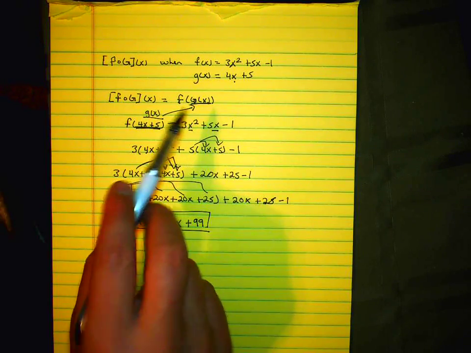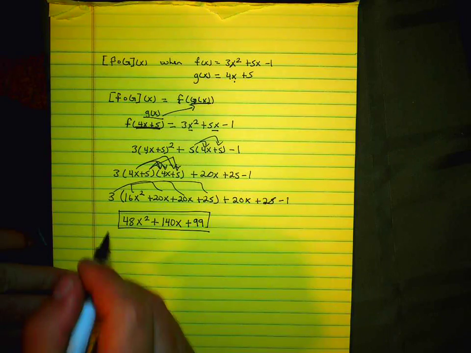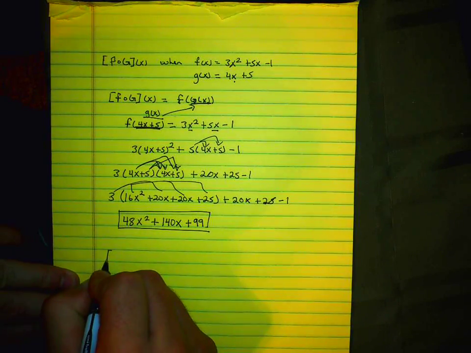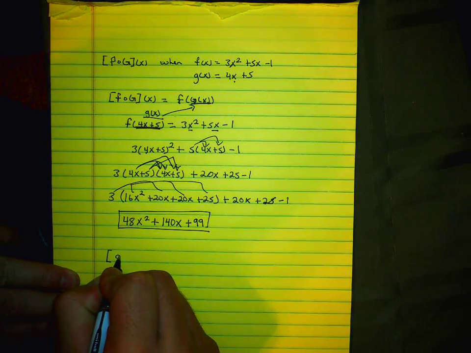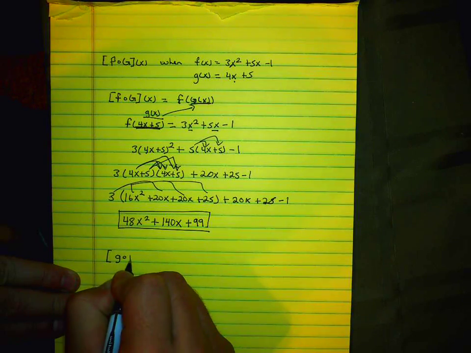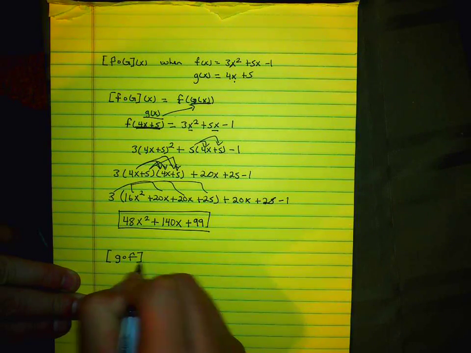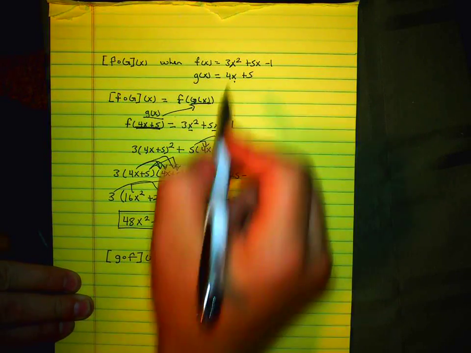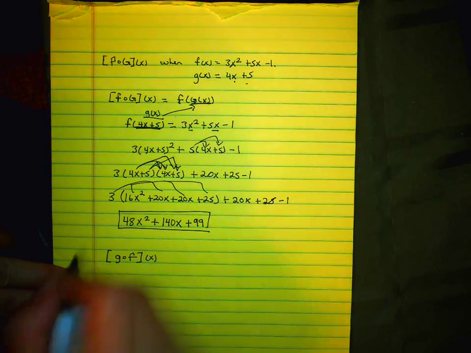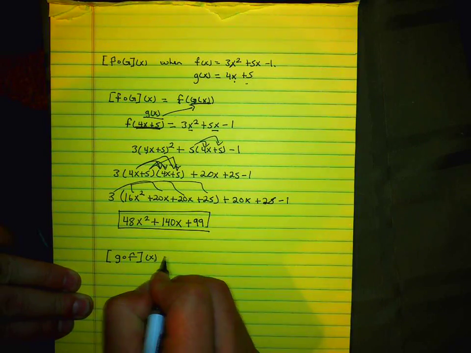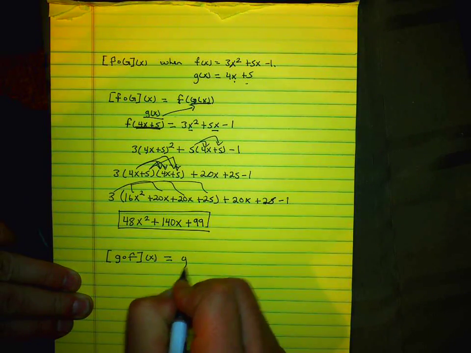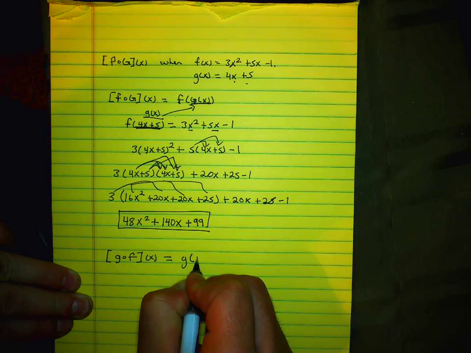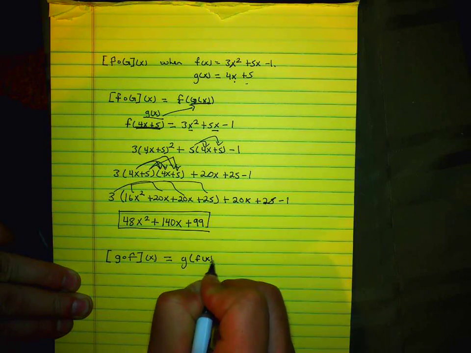Now let's flip that around. Instead of f of g, let's go with g of f. Using these same solution sets, we're going to say g of f as functions of x. Using these same functions that are up here, we're going to rewrite this so that this means g as f of x occurs.